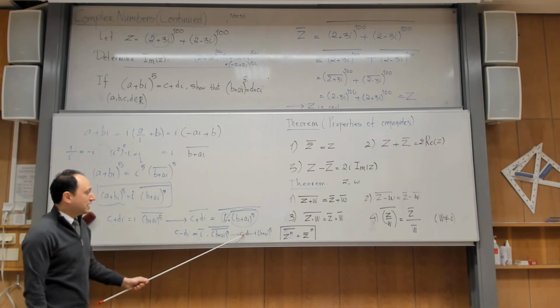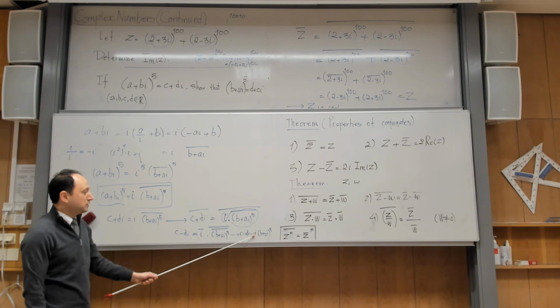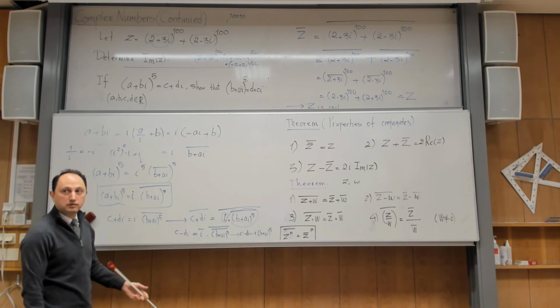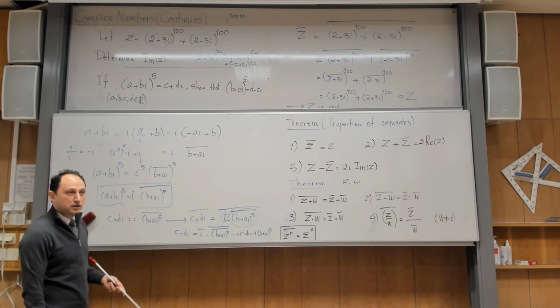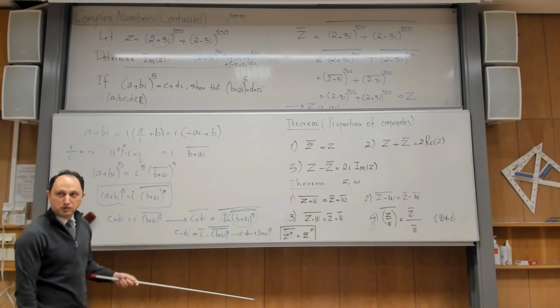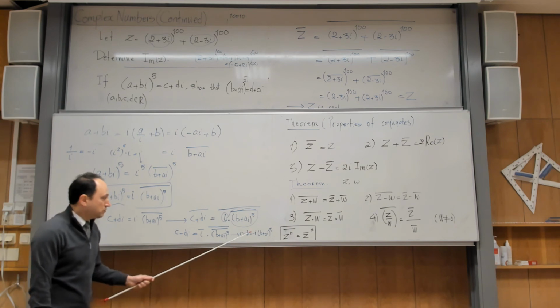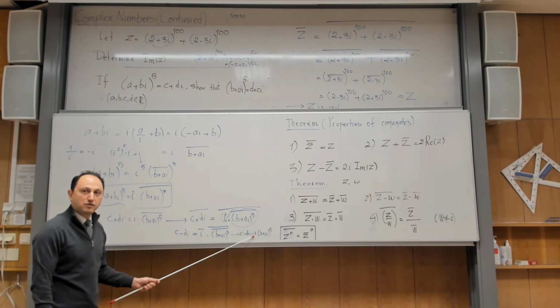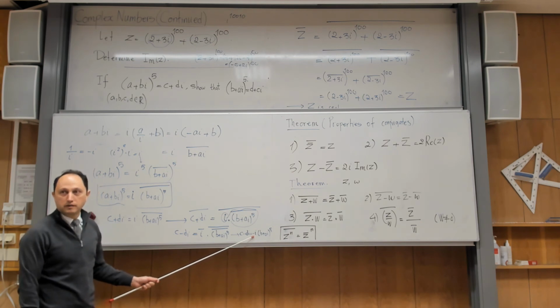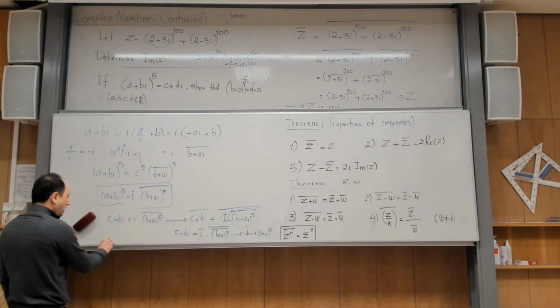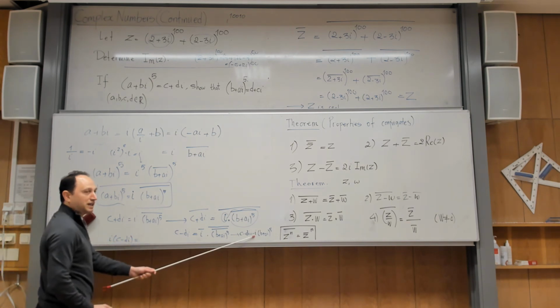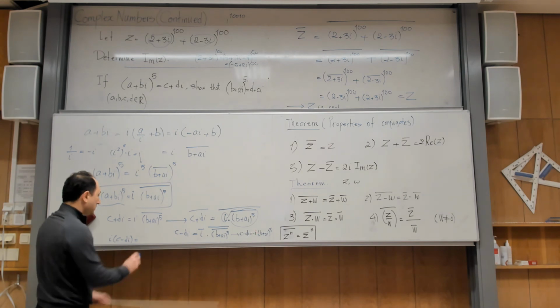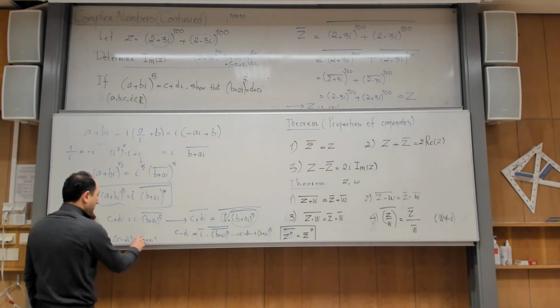But unfortunately, I have this negative sign, but don't worry, I have something to compensate for that. I want to get rid of this minus I. How? How should I get rid of minus I? I can divide by minus I, or even better, I can multiply by I. Because if I multiply by I, it becomes negative I squared, but negative I squared is 1. So I multiply by I. If I multiply this by I, it becomes negative I squared, which is 1, and it becomes (B plus AI)^5.